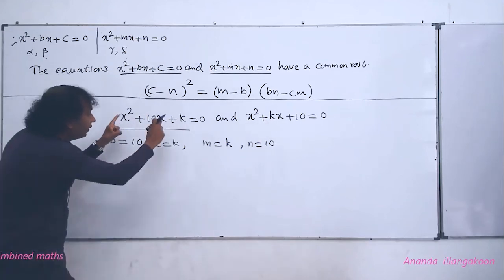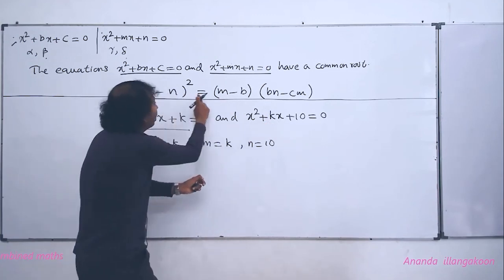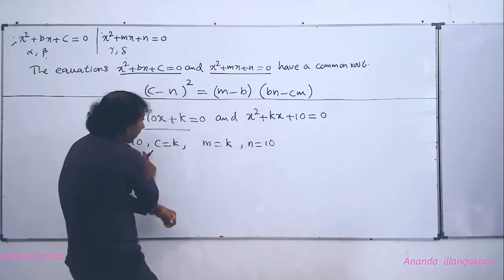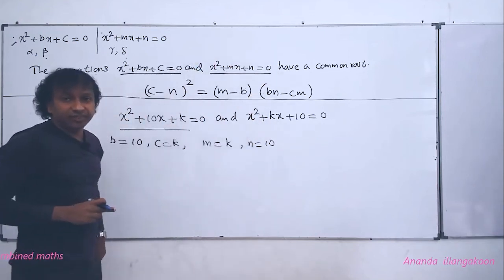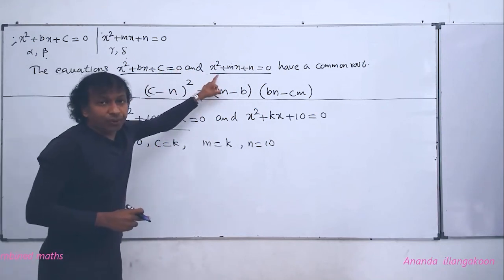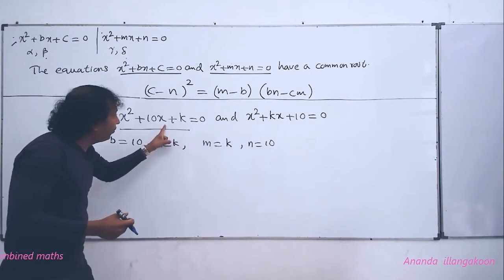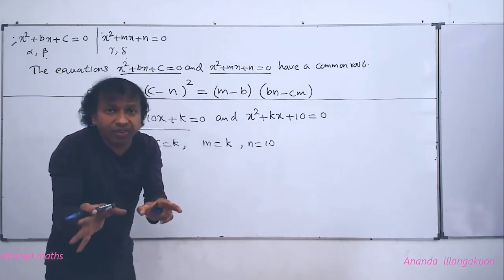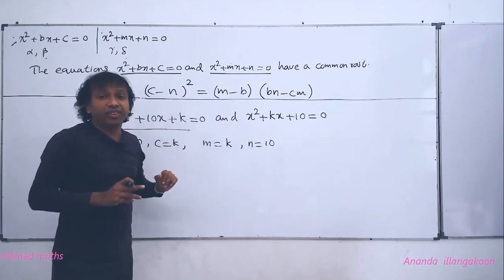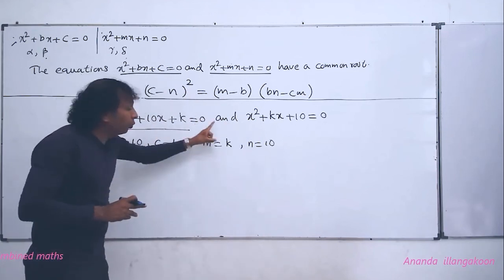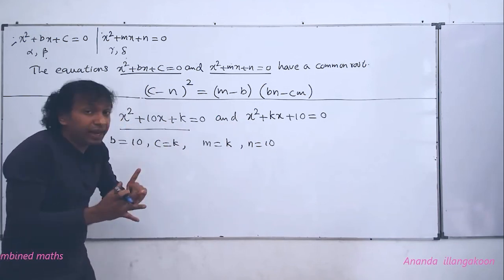Since these two equations have a common root, then this kind of result we can write for these two equations also, because we have proved that earlier. Now for this and this equation, since we are given they have a common root, this kind of similar result we can write with the help of these determined b, c, m and n values.